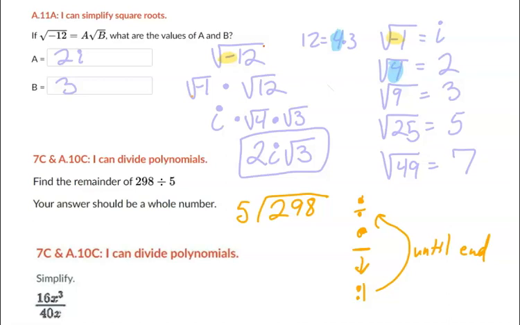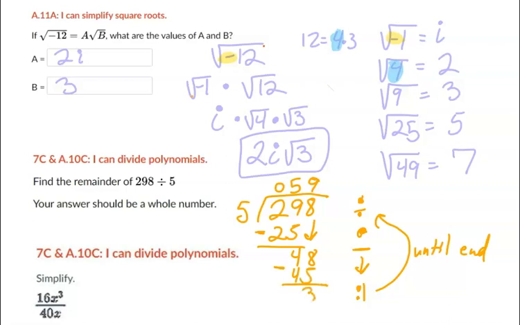5 goes into the 2, 0 times. 5 goes into 29, 5 times. 5 times 5 is 25. So we divided, got 5. Multiply, 5 times 5, that's 25. Subtract, you change the sign, it's going to be a minus. You have 4, break down the 8, and then repeat that process. 5 goes into the 48, 9 times. 9 times 5 is 45.